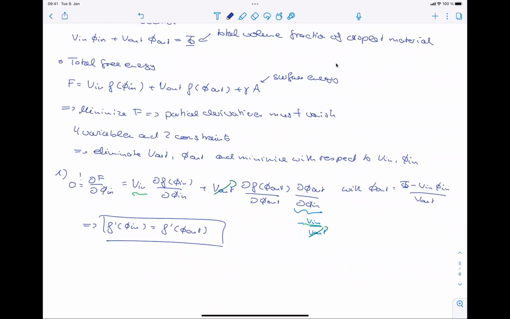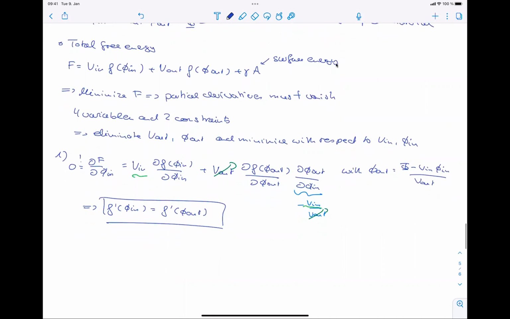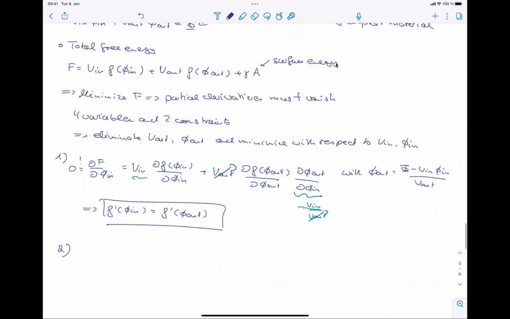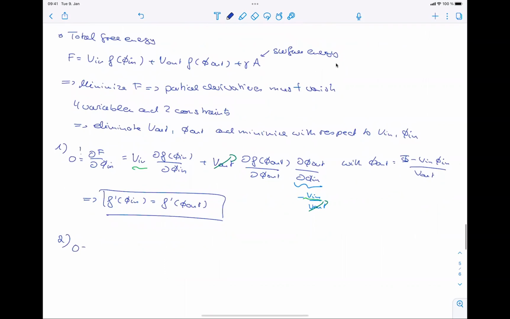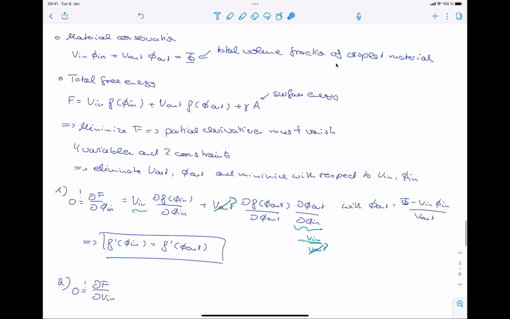Now we want to minimize with respect to the volume of the droplet. So our next constraint is to say I want to have dF/dV_in minimized as well. And so here now it gets a little more tricky because note the volume fractions, for example, this volume fraction also depends on the inner volume fraction, right?